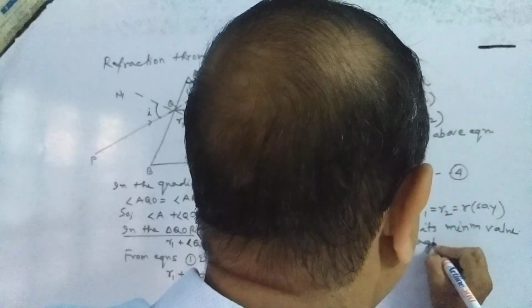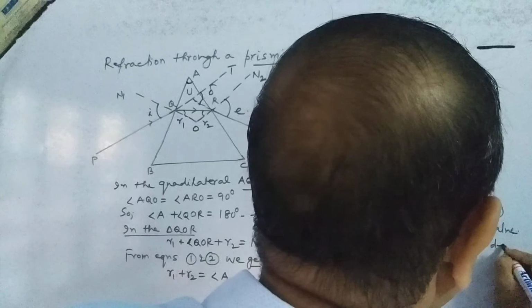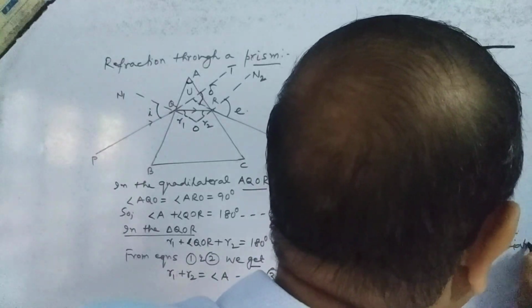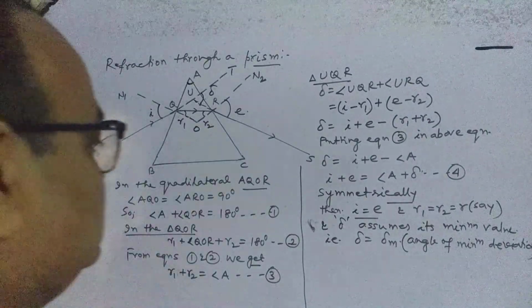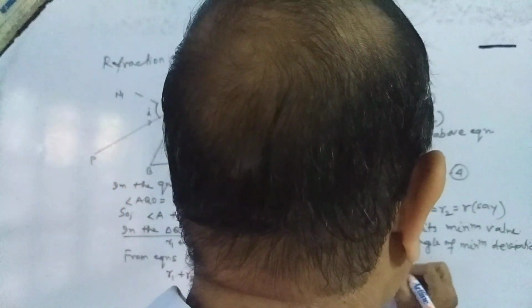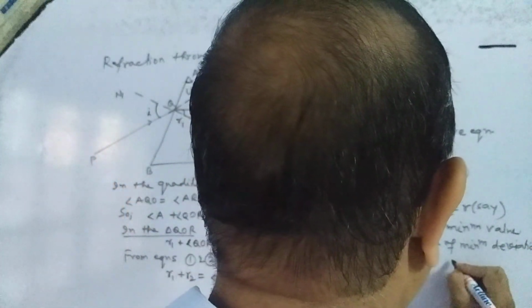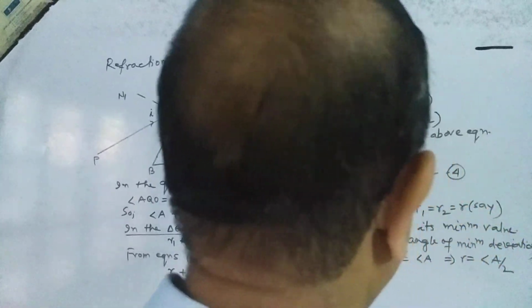Angle of minimum deviation. इसे कहते हैं angle of minimum deviation. Then what will happen? Equation 3 becomes what? Twice R is equal to angle A, so R is equal to angle A by 2.